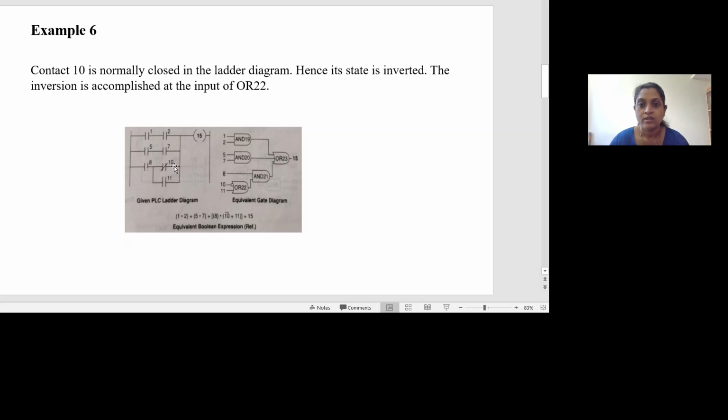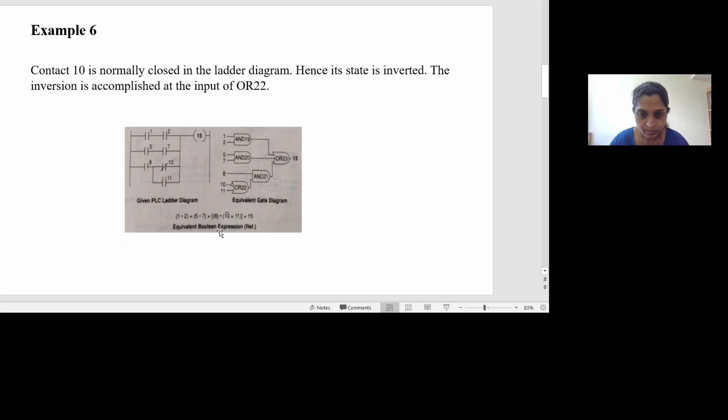So I will take a three-input OR gate, OR 23. And the output coil 15 is shown as the output of OR 23.